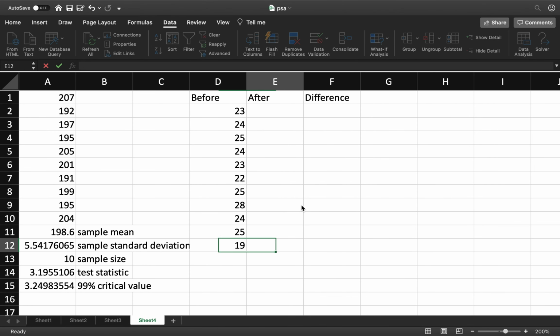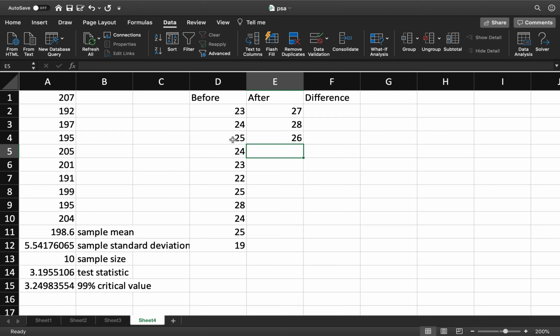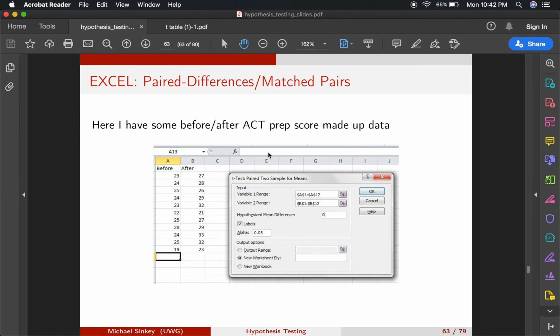This is the before. Here's the after. Now, what you can't do with the matched pairs is you can't mix and match the columns. This is like one person. I can't mix this person with that person, etc. Each row is its own individual.